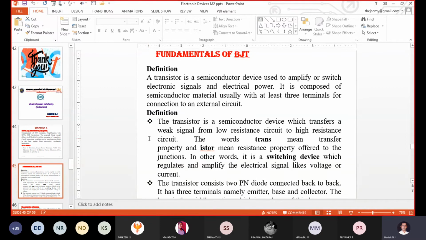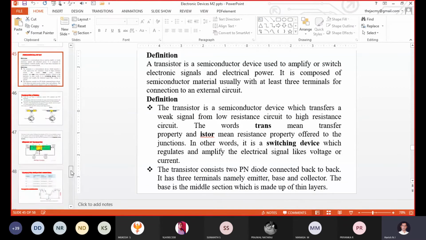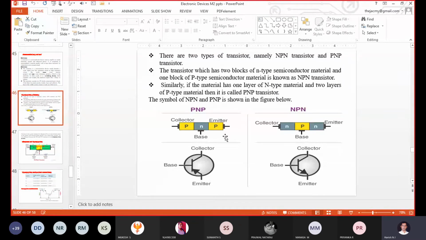Is it clear? Now we will see the construction details of a bipolar junction transistor. I already told you BJT has two types: one is the NPN transistor, the other is the PNP transistor. For the PNP transistor, we need to choose two P-type semiconducting materials and one N-type.